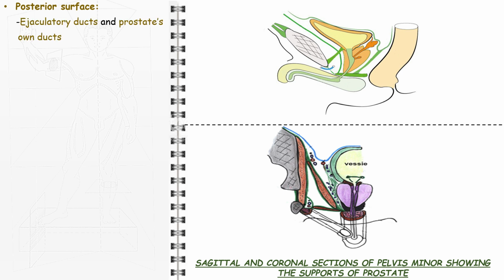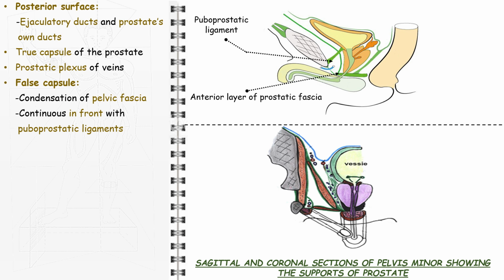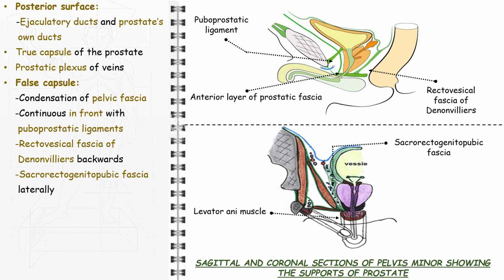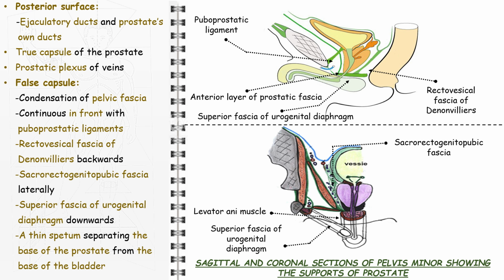The true capsule surrounds the periphery of the gland. The prostatic plexus strengthens the true capsule laterally. The false capsule is a condensation of pelvic fascia, continuous, in front, with the puboprostatic ligaments and the prevesical fascia; backwards, with the rectovesical fascia of Denonvilliers which attaches to the perineal body; laterally, with the sacrorectogenitopubic fascia; downwards, with the superior fascia of urogenital diaphragm; and upwards, with a thin septum separating the base of the prostate from the base of the bladder.